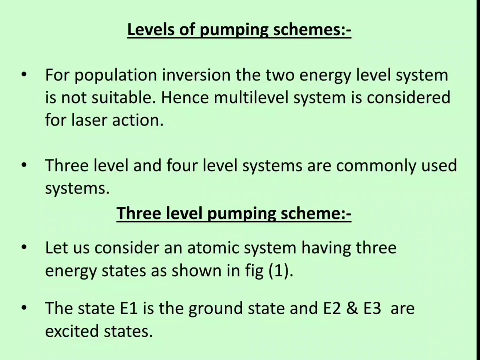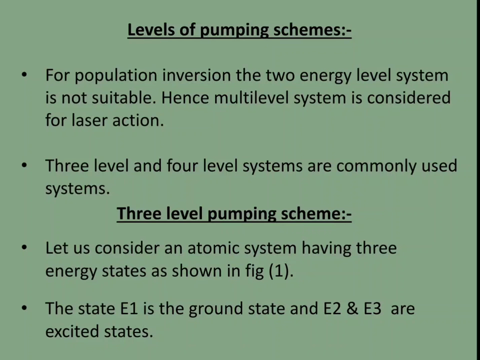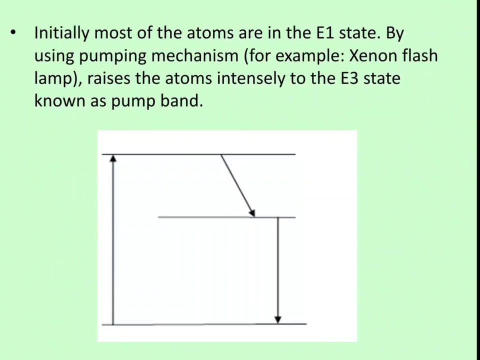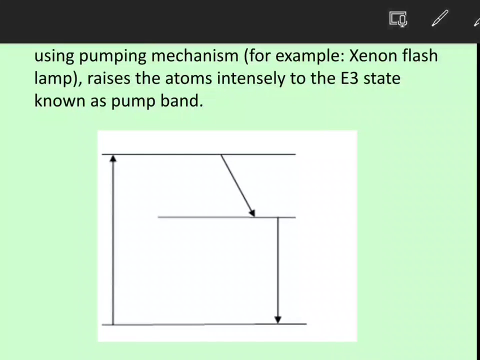Let us consider an atomic system having 3 energy states, E1, E2, E3 respectively. As we already discussed, E1 is the ground state and E2 and E3 are the excited states. So these are the 3 levels: the first one is E1, the ground state, the second is E2 and the third is E3.